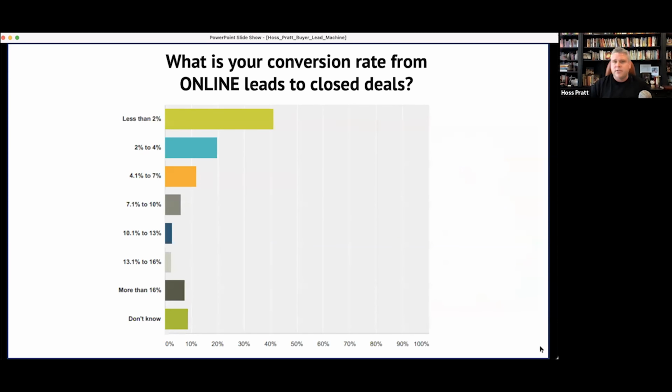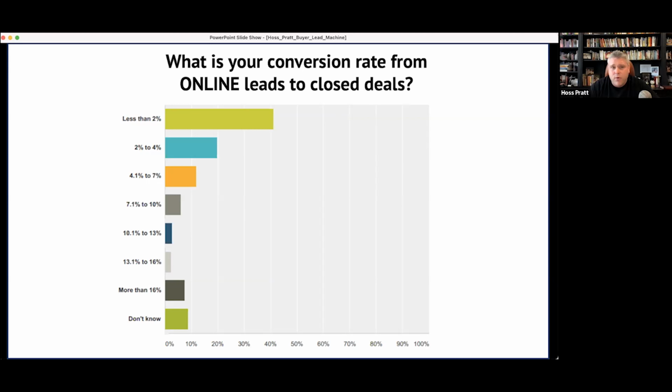Here's what this does though. In your online conversion rates, here's typically what you see when you're buying leads or generating leads through a website. Less than 2% conversion rate on average. It's not that high, it's 2%. I think most of you would agree if you're doing that. As you can see here, most people have less than 2% conversion rate.